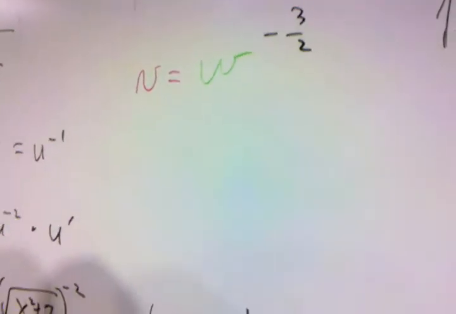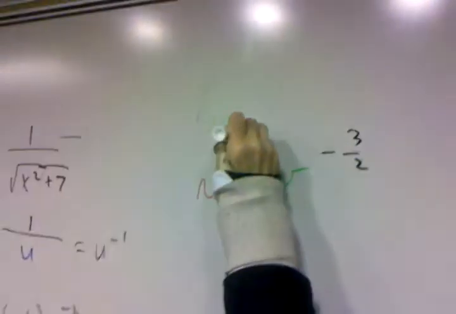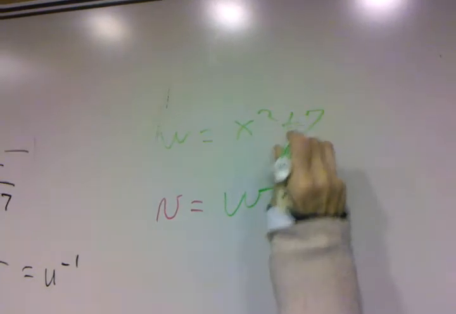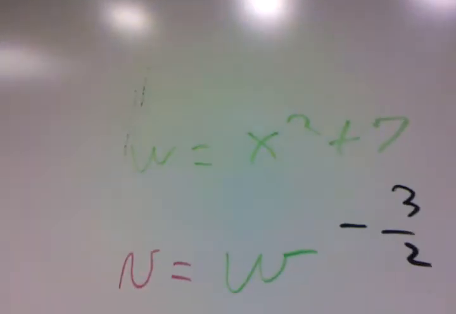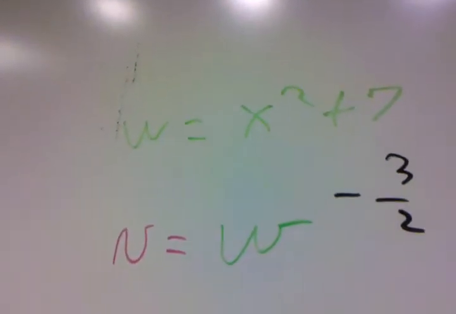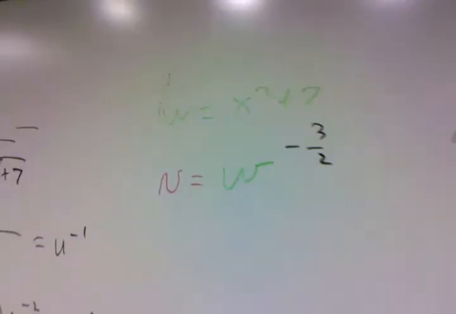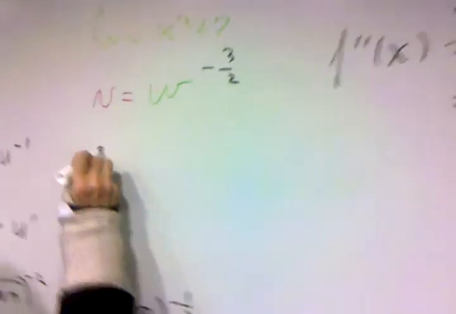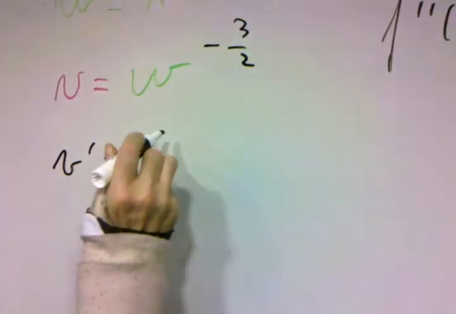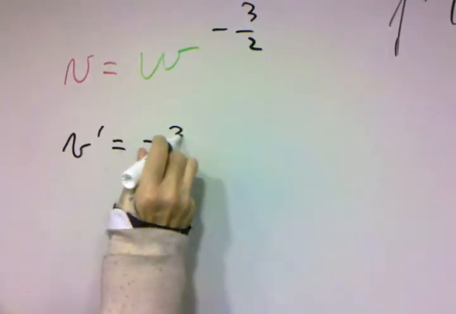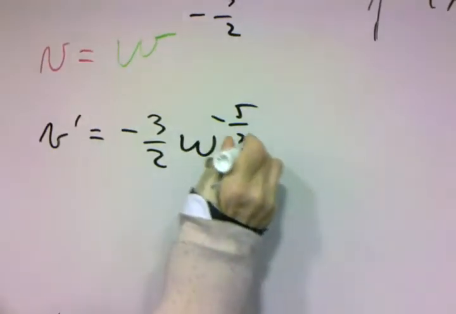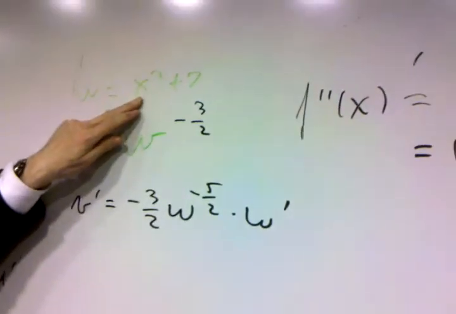But what was w? W was equal to x squared plus 7. So v is w to the minus 3 halves. Now how do you find v prime? V prime is going to be equal to this derivative, minus 3 halves, times w to the minus 5 halves, times w prime. What is w prime? 2x.